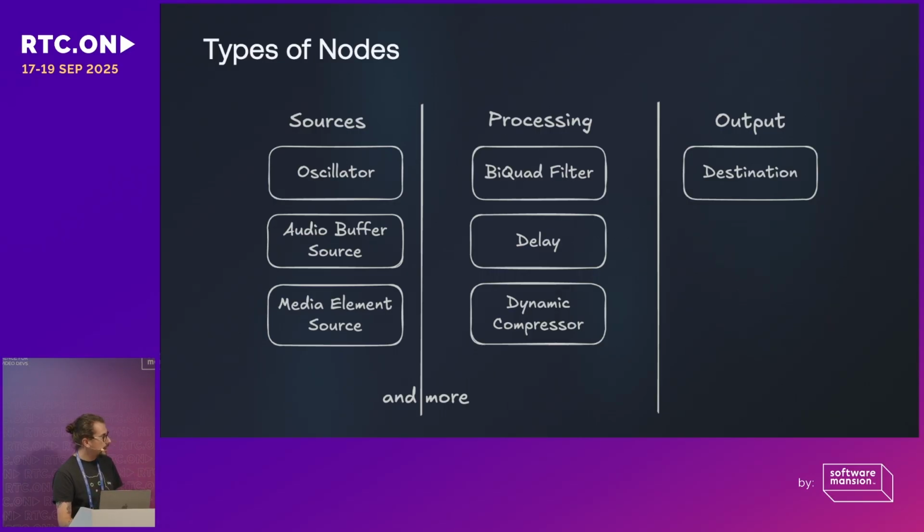Then we have processing nodes, which provide a way to modify the sounds or have information about what is currently playing. As an example, we can use a biquad filter node, which provides equalizer-like filters, delay nodes, which work like an echo, or a dynamics compressor node, which can scale up or scale down the signal going through the graph in order to avoid, for example, clipping or distorted sounds.